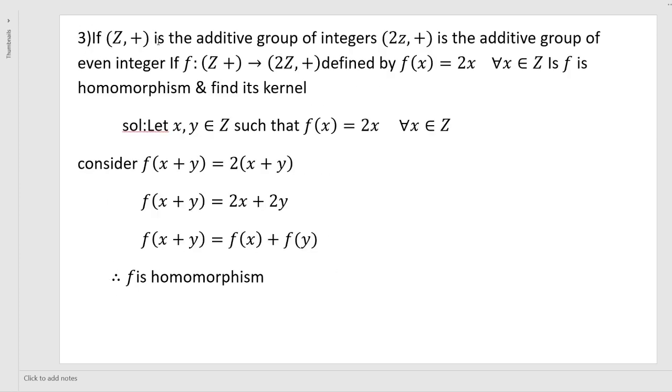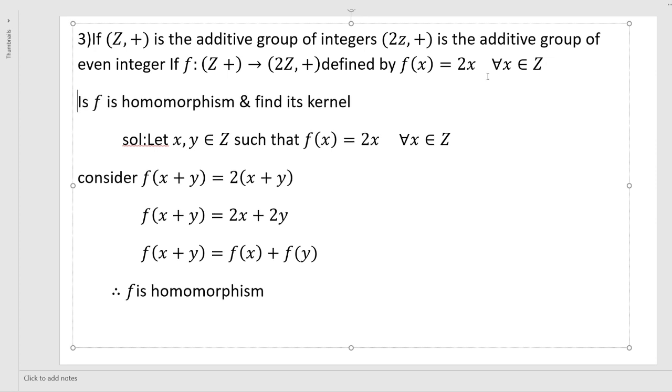Next, if (Z, +) is the additive group of integers and (2Z, +) is the additive group of even integers, and f from (Z, +) to (2Z, +) is defined by f(x) = 2x, show that f is a homomorphism and find its kernel. Solution.